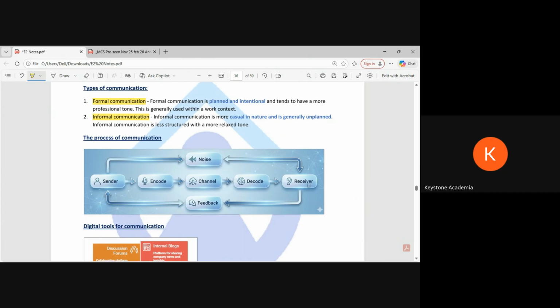Sometimes the timing also matters. It's for a silly thing. If somebody calls their team member at night time, definitely they'll be demoted, isn't it? They'll say, you should have texted, or maybe it was not the right time. So the channel also matters.